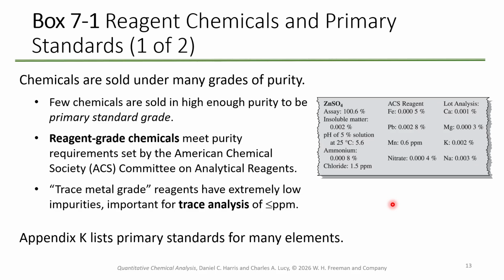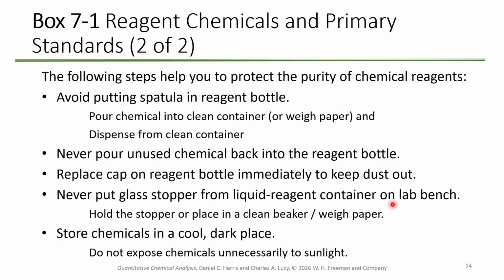Appendix K lists the primary standards for many of the different elements, so you can figure out primary standards for a variety of purposes. It's one of the most useful things if you end up in a corporate or government analytical position where you might have to design new tests.